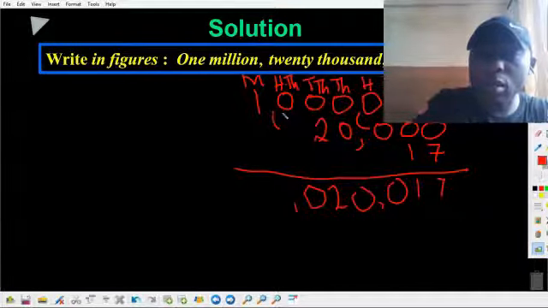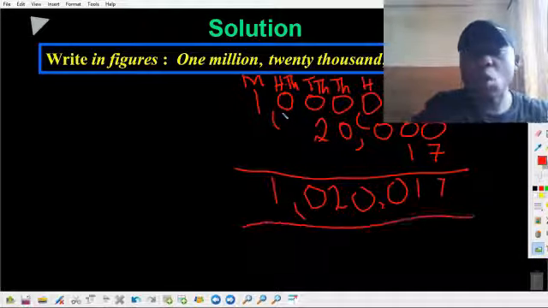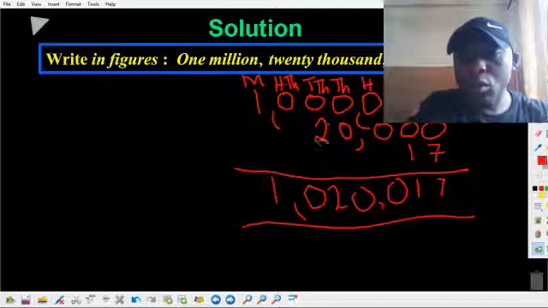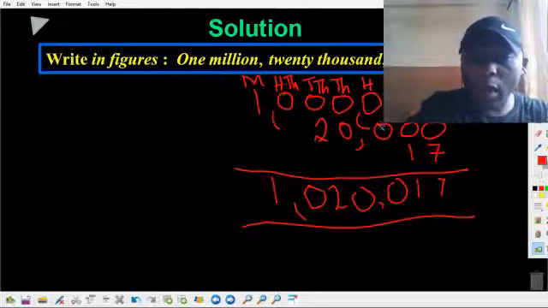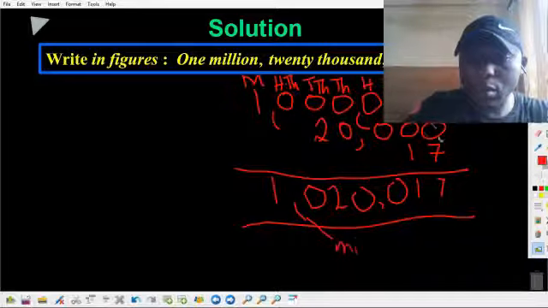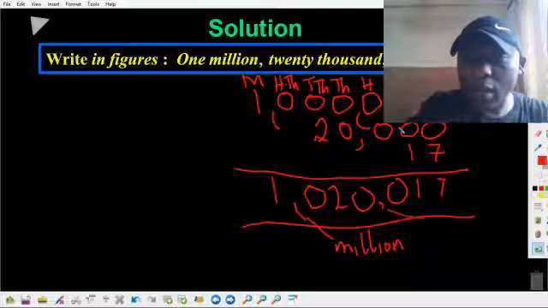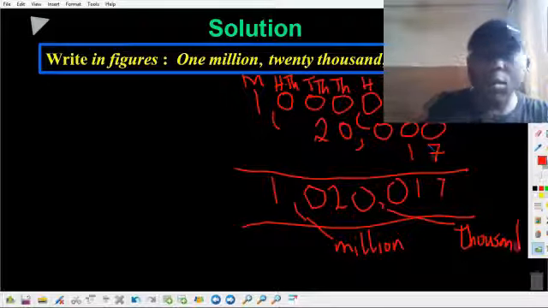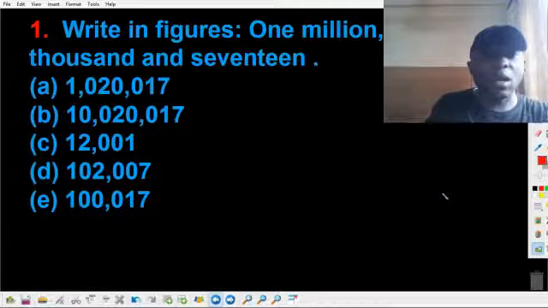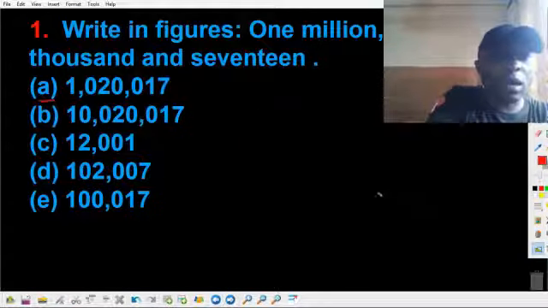Bring down your comma, and you have 1 here. So we have our answer as 1,020,017. Of course, this first comma represents million, and the second comma represents thousand. Let's quickly look at these options. Our answer is option A.